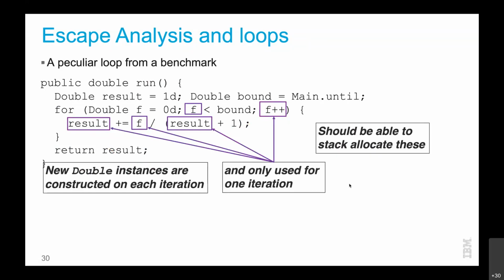And EA does have code that checks for this sort of situation, where a value that's constructed in one iteration is being used to feed into the value on the next iteration. So incrementing F or accumulating a value in result, using the current value of result as one of the things that feeds into the value. EA, in principle, was designed to be able to handle this sort of situation.